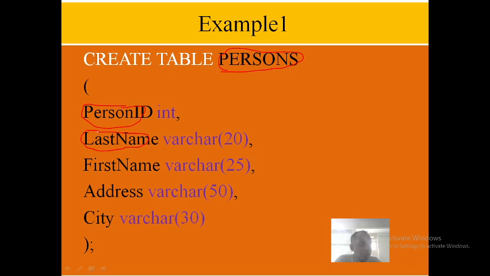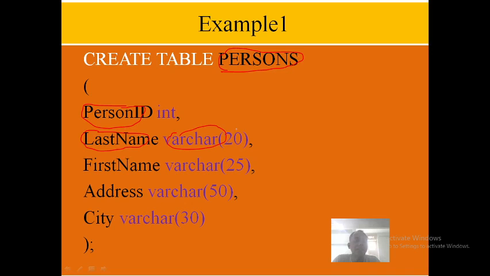Last name of the person. Its data type is varchar. And what is this 20? It means the size, the number of characters, how many characters you need to represent that last name.